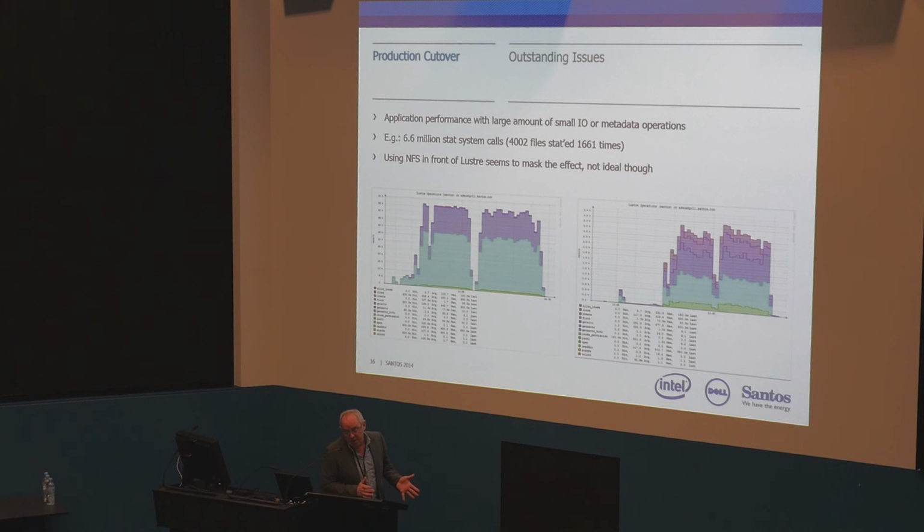It went smoother than expected. We did find that there was one application that is quite metadata heavy, doing 6.6 million stat system calls, and when we ran that on a direct Lustre client, it was just hammering the metadata server and causing performance issues, performing worse than it used to on the old NFS server.